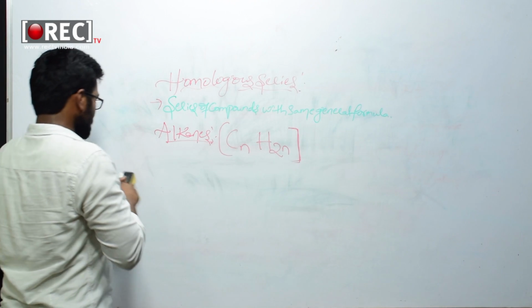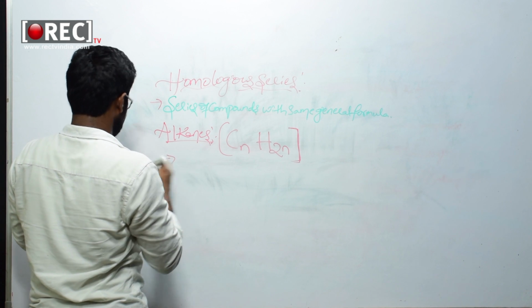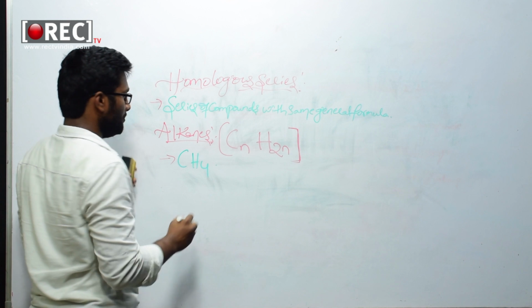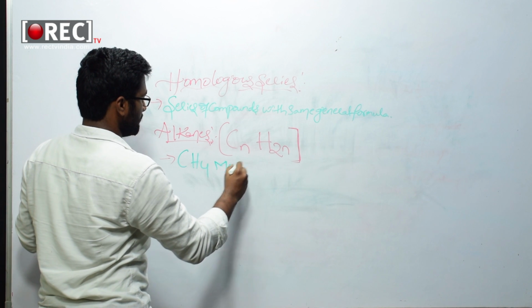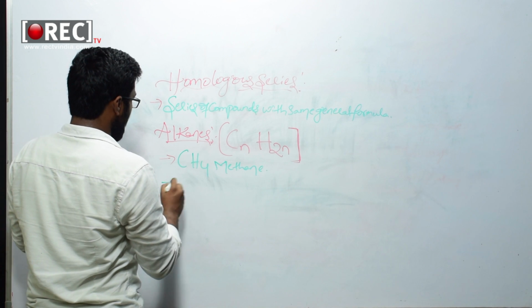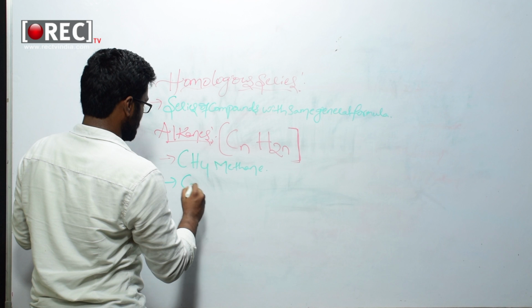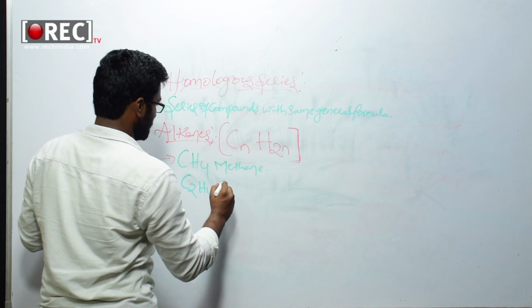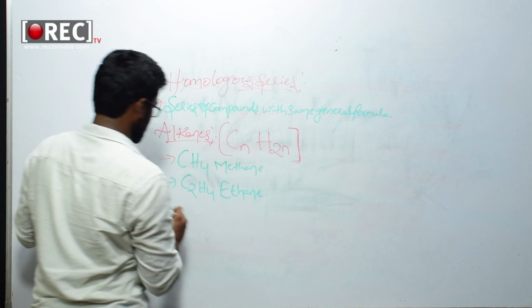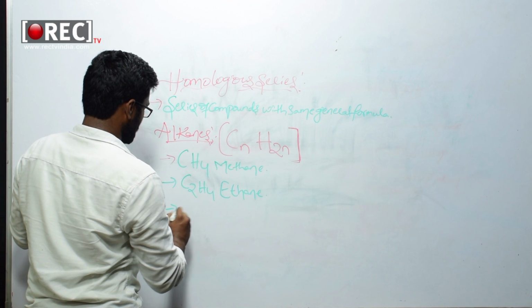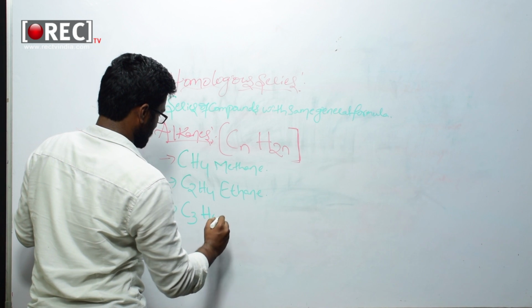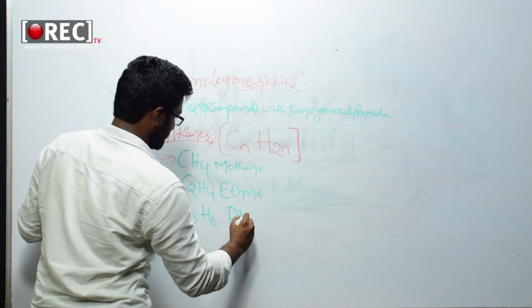The first member of alkane is CH4, methane, the second member is C2H6, ethane, then propane.